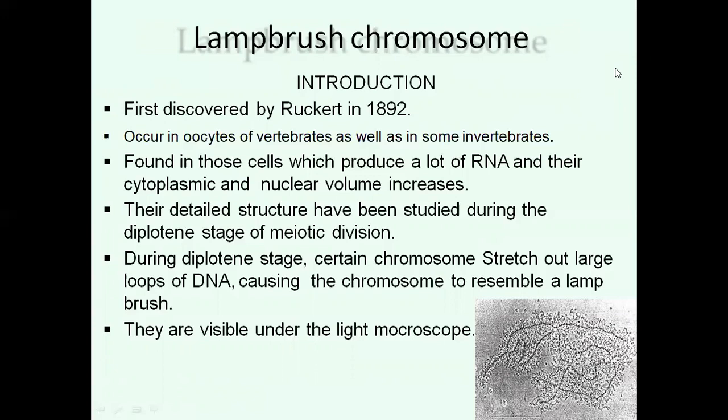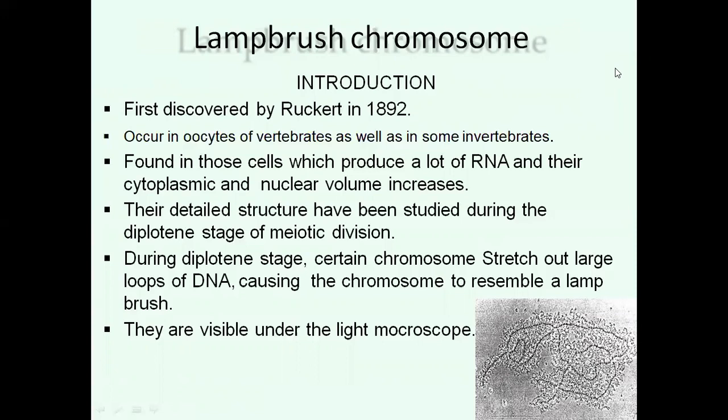These chromosomes are found in oocytes which produce a lot of RNA, and their cytoplasmic and nuclear volume increases. The nucleus size and the cytoplasmic and nuclear volume increase comparatively.